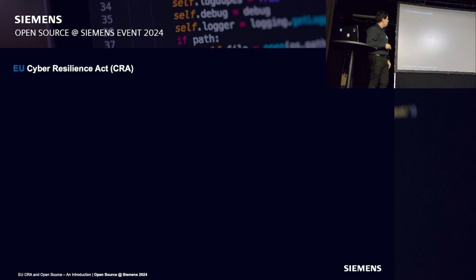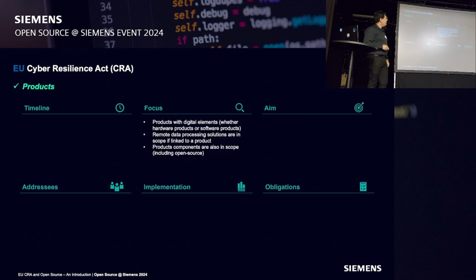So if you go a bit more into detail, which products are in scope? Software, for sure. Hardware, it depends: if the hardware has digital elements, electronics inside, or firmware, then you are in scope. SaaS, it depends. It is for sure in scope of the NIS2 directive if whoever makes the SaaS product is a critical or important entity.